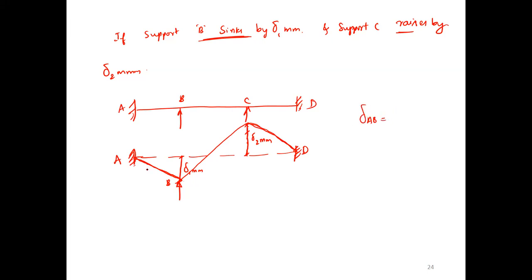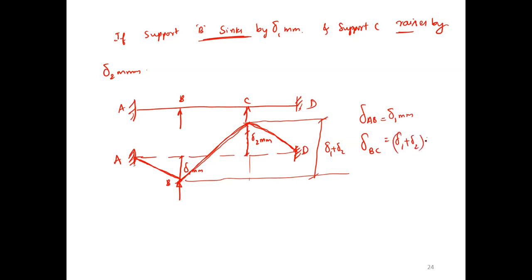Delta 1 mm. What is delta BC, the height of BC? Delta 1 plus delta 2. This height is delta 1 plus delta 2. Any doubts now? Clear? Yes, sir.